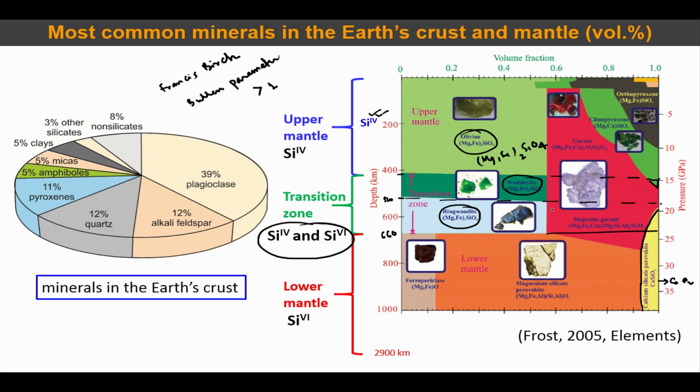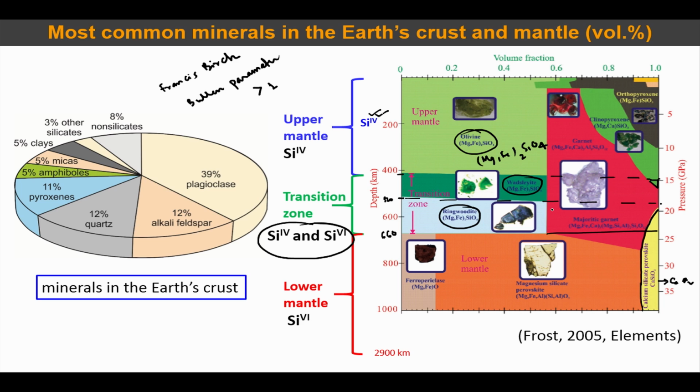We will discuss the structure of majorite in a few minutes. So just try to remember that in the upper mantle you have silicon with 4-fold coordination, and in the transition zone you have Si with 4 and 6-fold coordination.